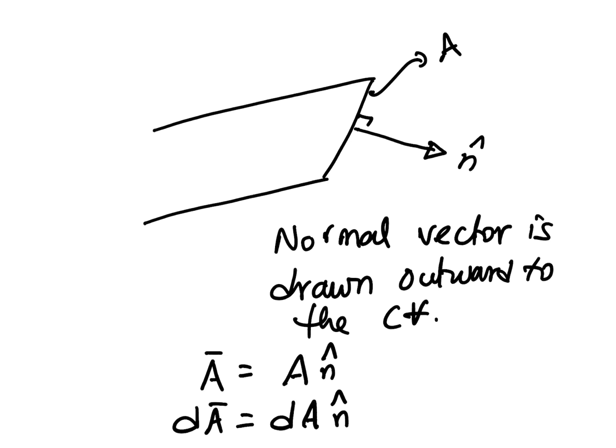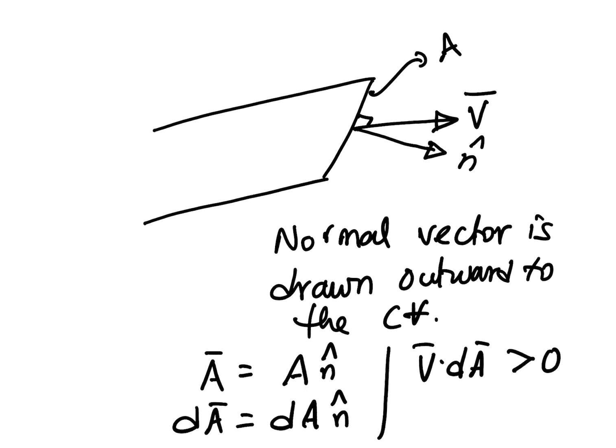Now through this surface I could have the velocity going in an arbitrary direction V, and I would have V dot dA be positive in this case, because they are parallel to each other, or at least they are in the same directional sense.